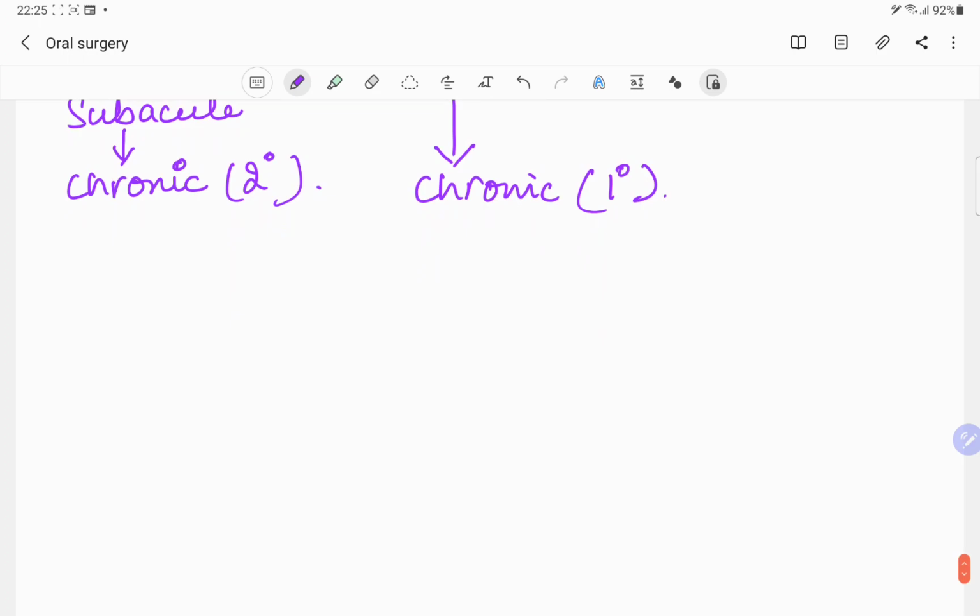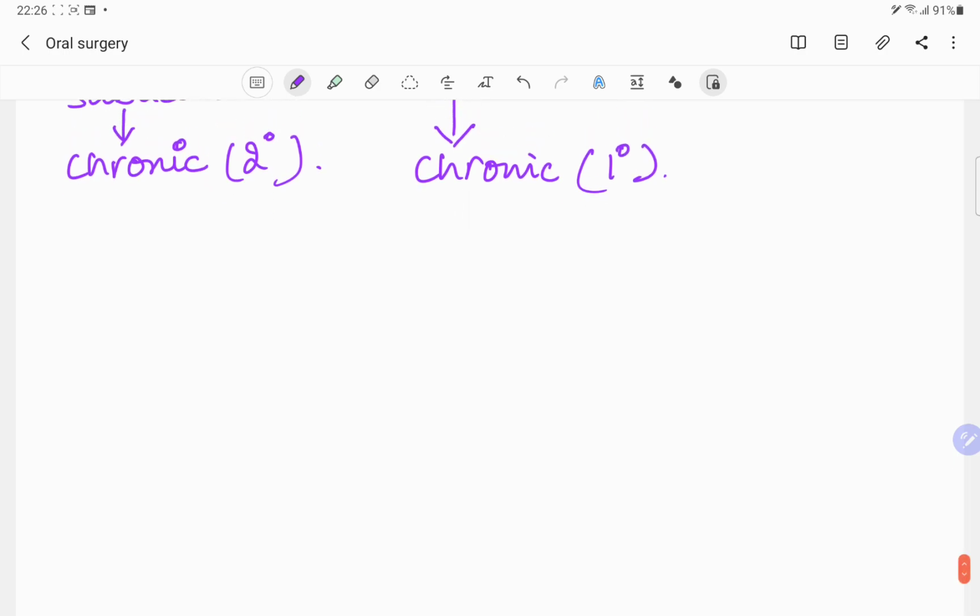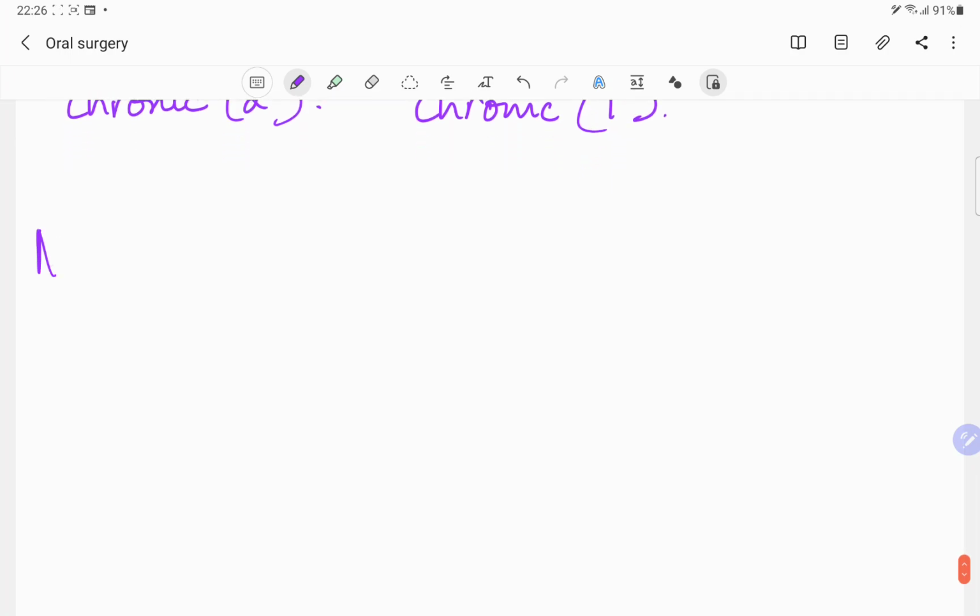Now, when the body immunity cannot fight this bacteria, there is a formation of pus and there is increase in the medullary pressure in the bone. So there is increase in the intramedullary pressure. There is infection in the medullary cavity or the bone marrow. And this particular kind of situation we call the acute suppurative, since there is a pus formation.